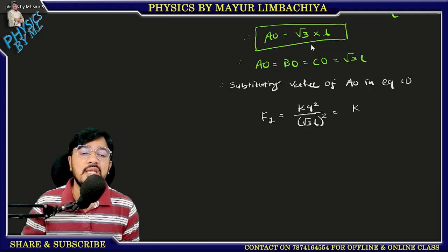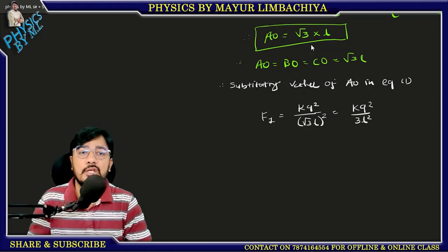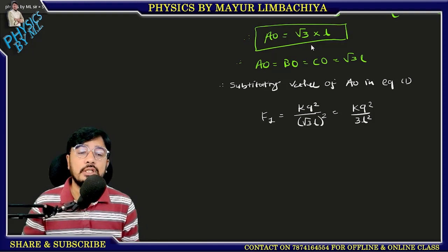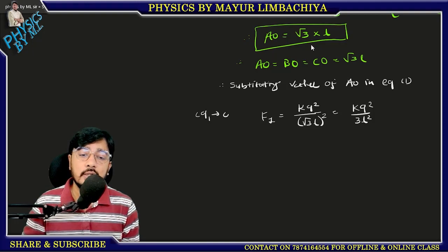So this will be KQ square by L square by 3. Fine. So here in this case, dear students, the value of the force will be 3KQ square divided by L square. Now, this is the force of Q1 on capital Q.